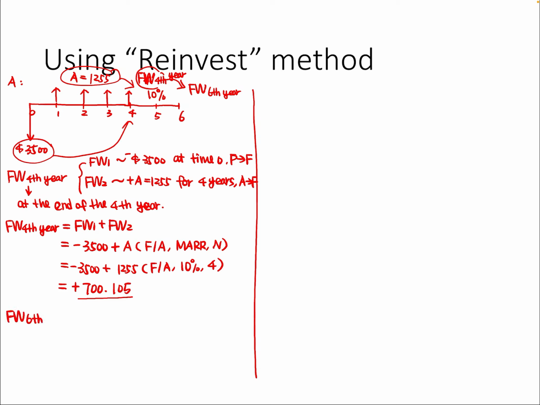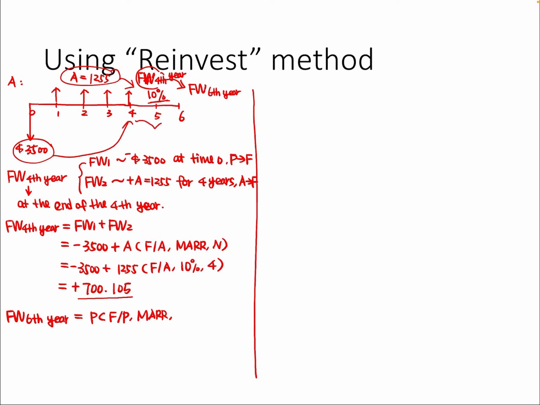So we want to have FW6 year, which is gonna be, so the FW for the 4th year compared to the 6th year, it's present worth, right, relatively. So the formula is P times F slash P, MARR, because we know it is still at the MARR interest rate for the new reinvestment.